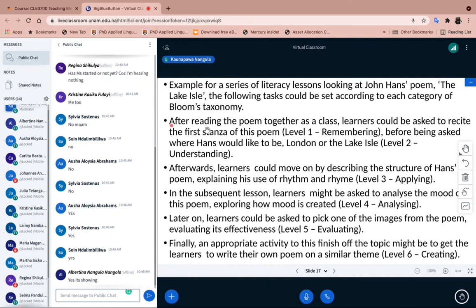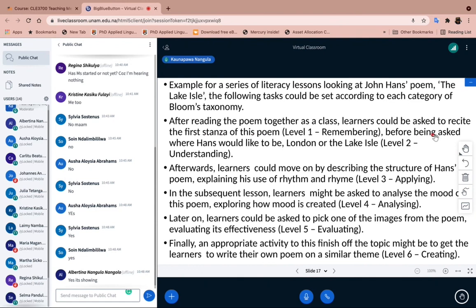For example, after remembering the poem together as a class, learners will be asked to recite the first stanza of the poem, because this is about remembering. You ask them to recite from memory, not reading, to test their remembering. What do they remember about the poem? It's reciting the first stanza.